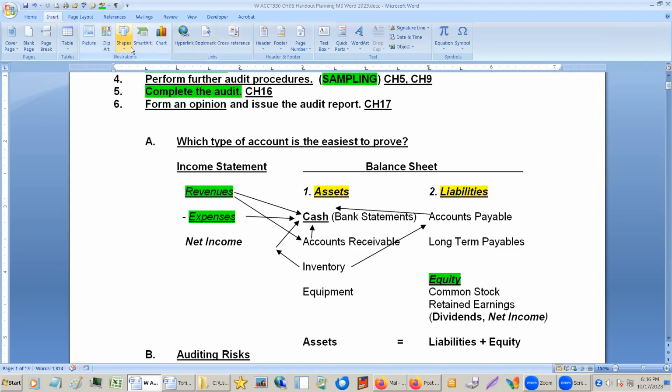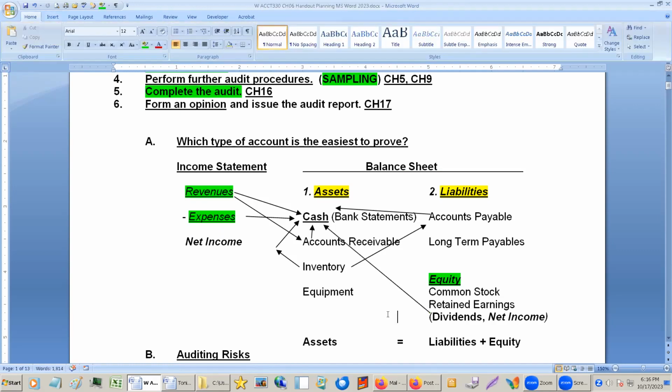And so even though cash is maybe not technically a material amount, maybe it's immaterial, you'll often do an extensive audit of cash for a couple of reasons. First of all, everything goes through cash, and that's probably the most important reason. And it's strange if something doesn't go through cash.